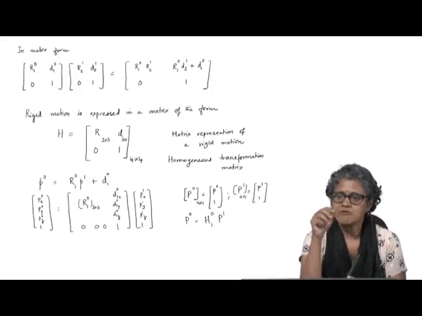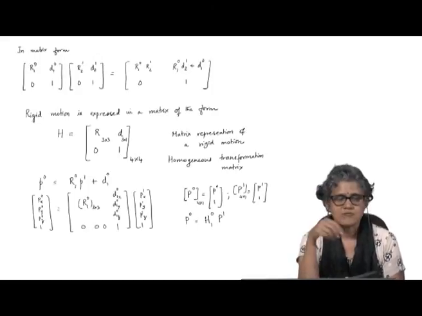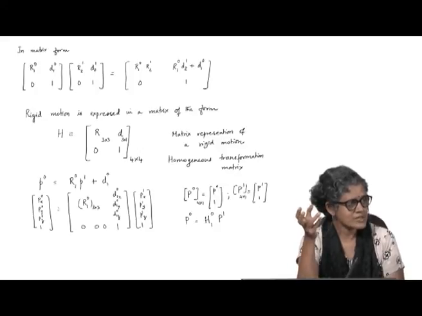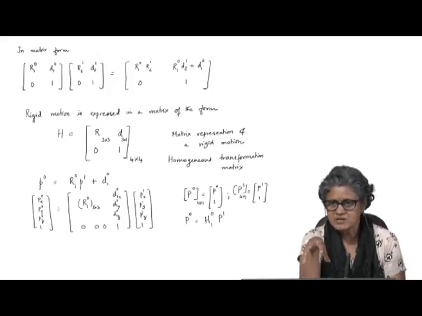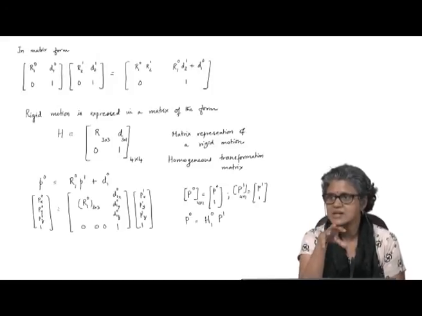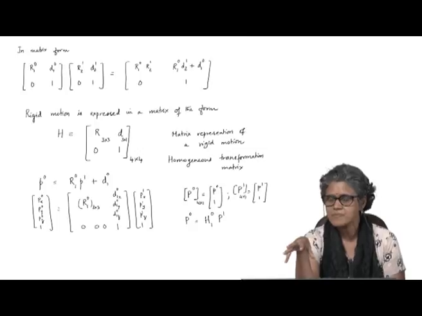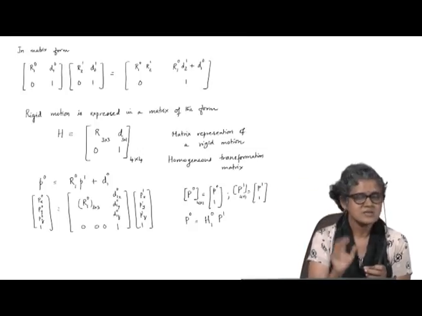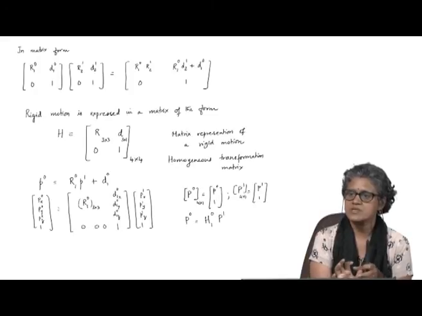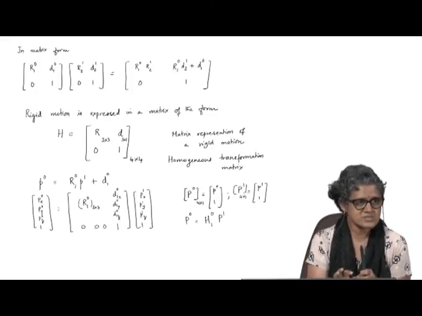Therefore, now for any specific point on the link, if I know the description of that point with respect to that link's own coordinate system, I can easily relate it and find its spatial location with respect to the ground coordinate system.